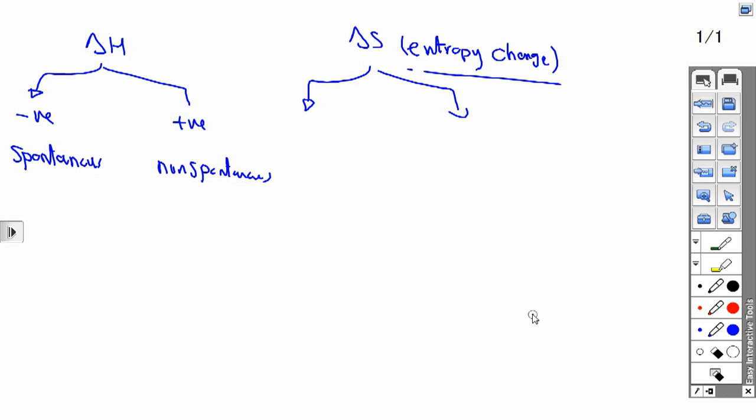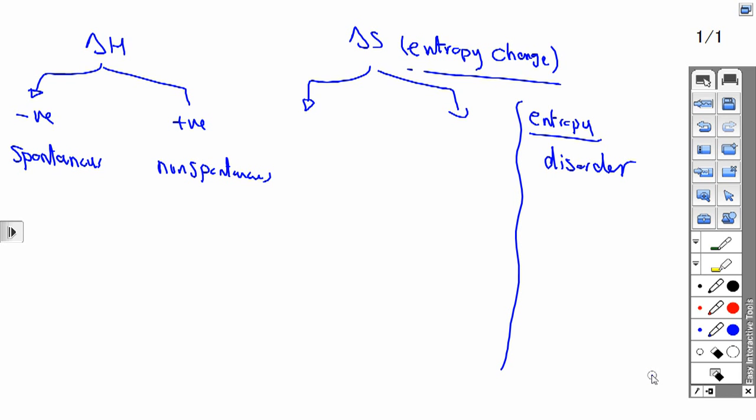What does entropy mean? Entropy is a measure of disorder or randomness or chaos of the chemical reaction. This is the disorder.